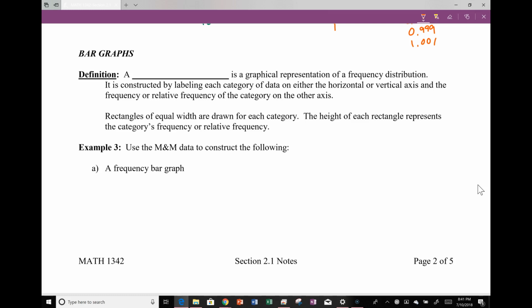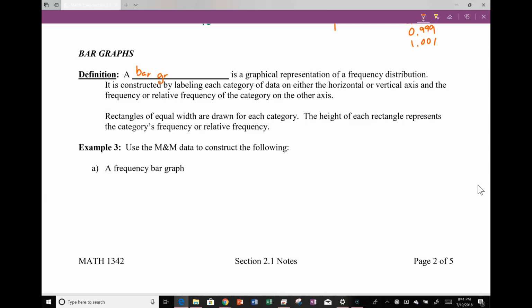It organizes our data a little bit, but it's not very pleasing to the eye. What we want to do is have something that's pleasing to the eye, something that's a quick read, a quick look at. One type of item that we can create then is a bar graph.